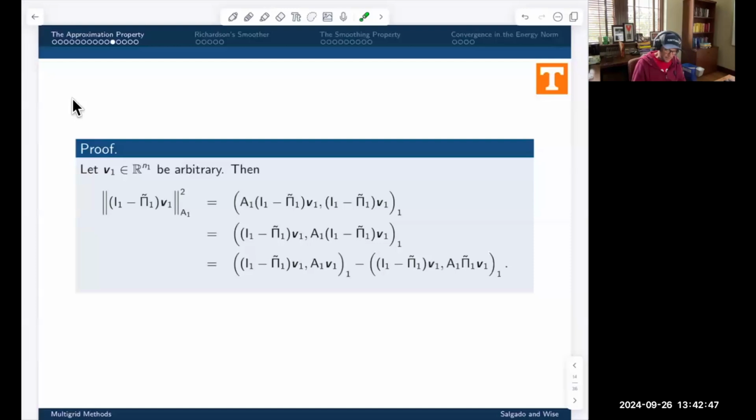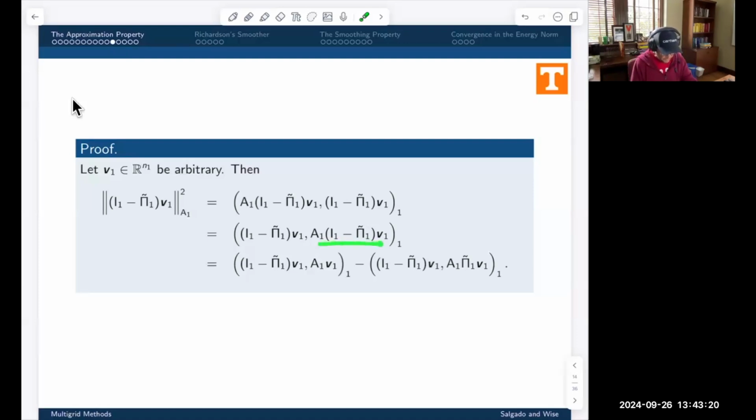All right, now the next step is, as I said, we're going to move that over to the other side because we can. Move it over to the right-hand side, and it goes over without a transpose because it's symmetric. Now we're going to take this part here and multiply it out. It's going to give us two terms, A1 times V1 and A1 pi 1 tilde V1. Then I'm going to use the linearity of the second component of the Euclidean inner product.